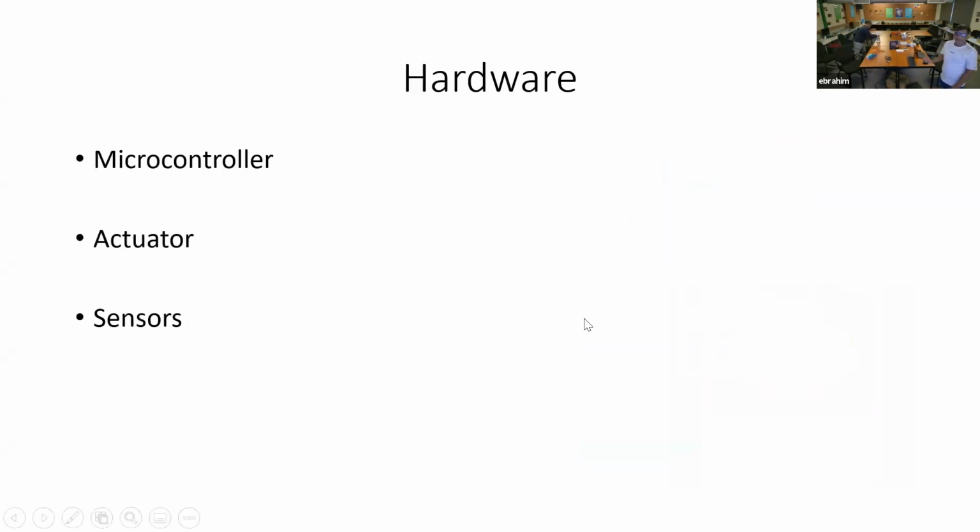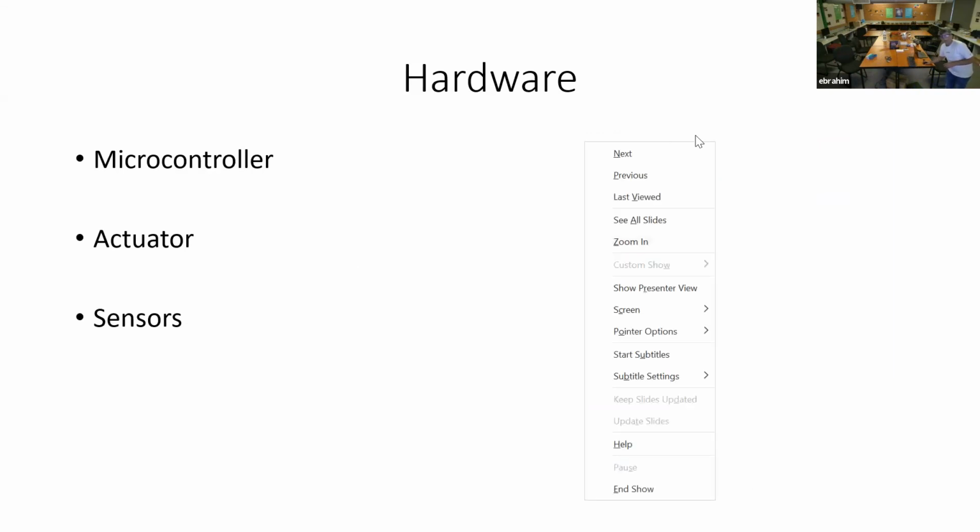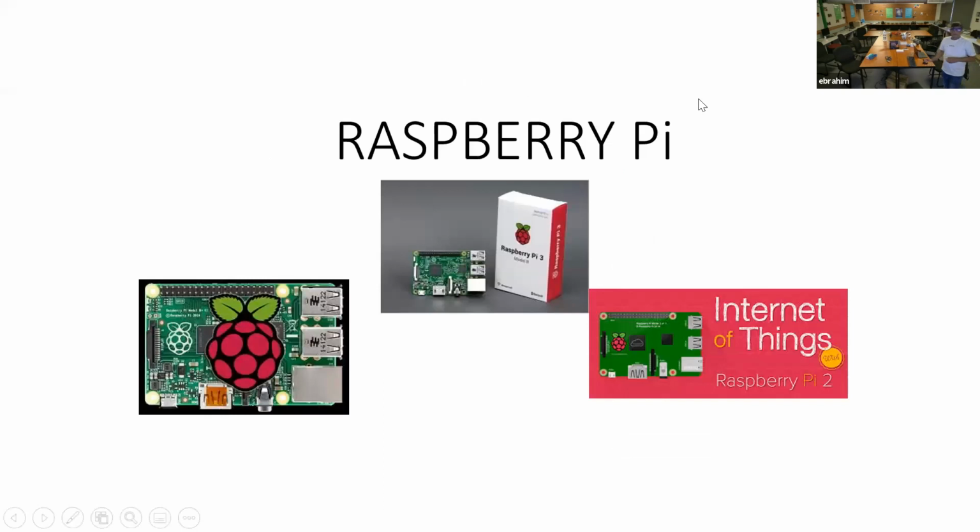What is the hardware? On the hardware side, there are three main categories that we need to consider. Firstly, we need a microcontroller, we need actuators, and we need sensors. The software together with the actuator, the microcontroller, and the sensor will create an item or a project for us to develop and use. On the microcontrollers, the most popular one we use is the Raspberry Pi.